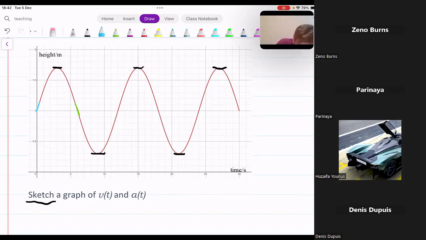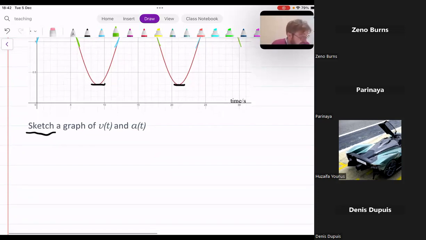So we'll use blue to say it's at its steepest in the positive direction, and green to say steep in the negative direction. So what this means is, if you're on the seesaw, when you're right at the top, you're essentially staying still for that instant. You're going fastest when you're going back through the middle, where you originally started.